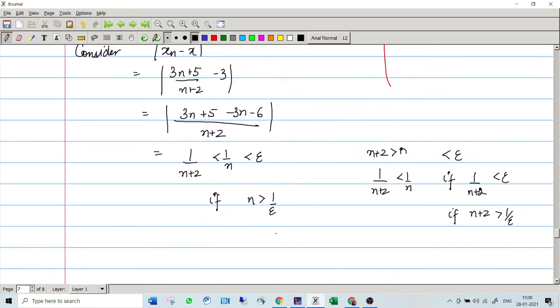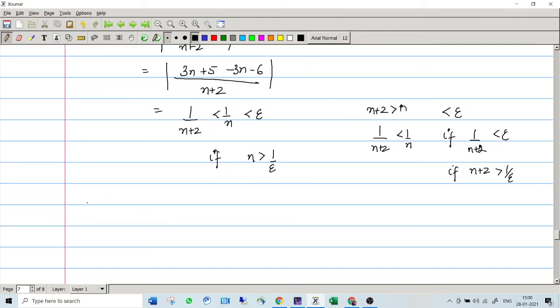So what you'll do, you'll assume let k be a natural number. You can always find a natural number after some real number. You know it, because for any real number, you have a natural number which is greater than that. So let k be a natural number such that k is greater than the number we have right here, 1 by epsilon, or whatever the case will be according to the situation.